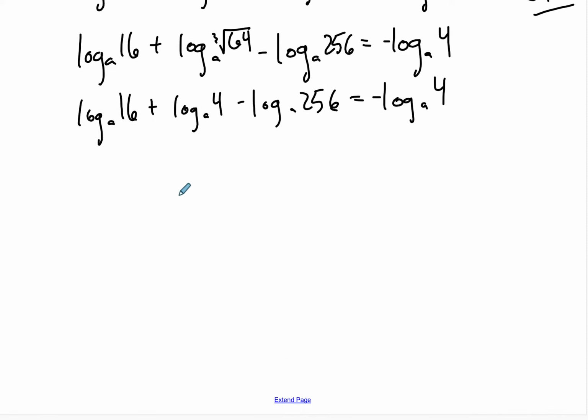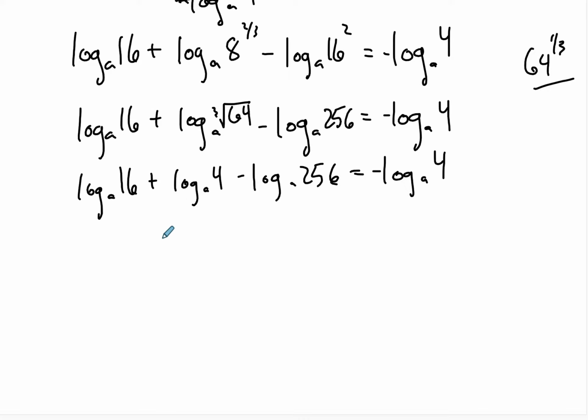Okay, so now we have quite a bit of stuff here on the left-hand side still. It's been simplified though, so now we can take our addition and our subtraction and actually work through all the log rules that we know. So here, log A of, and I'm going to do it all in one bracket here just to show you that this is a possibility.